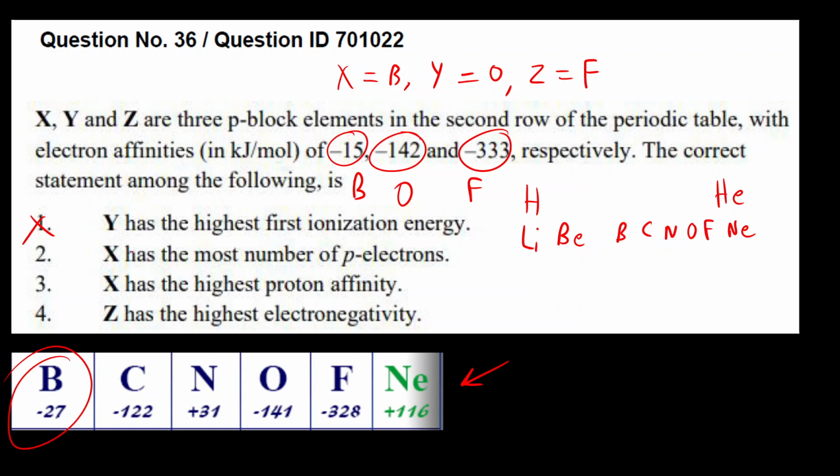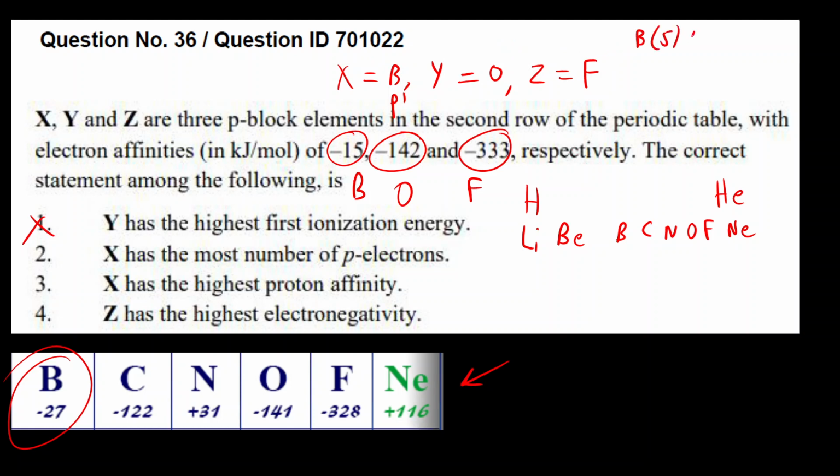Second option, X has the most number of p electrons. No. How many p electrons? This is S2 P1. This is S2 P4. This is S2 P5. Okay, we can write down the electronic configurations.